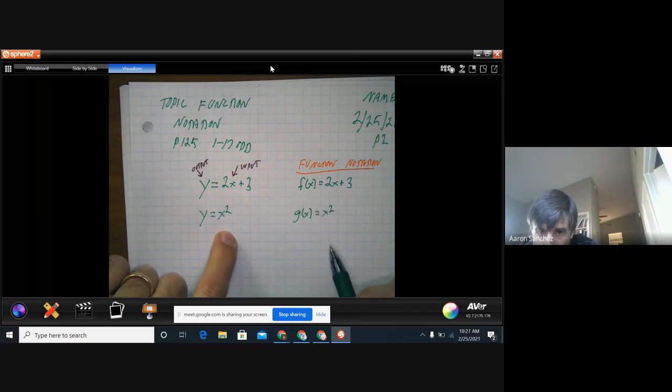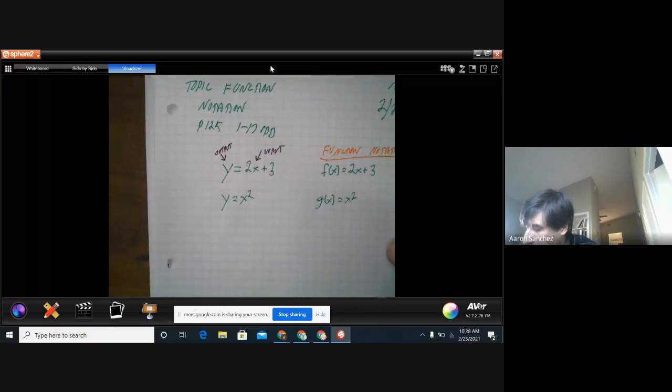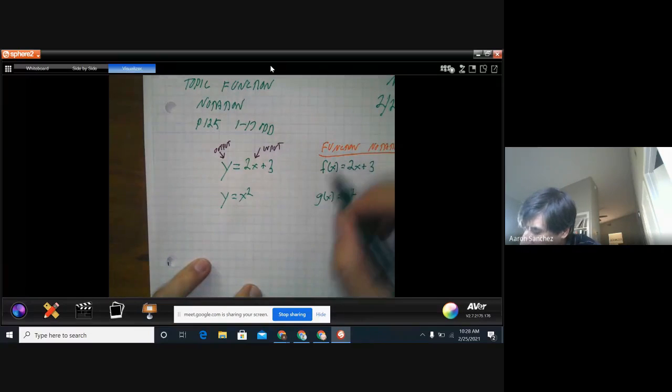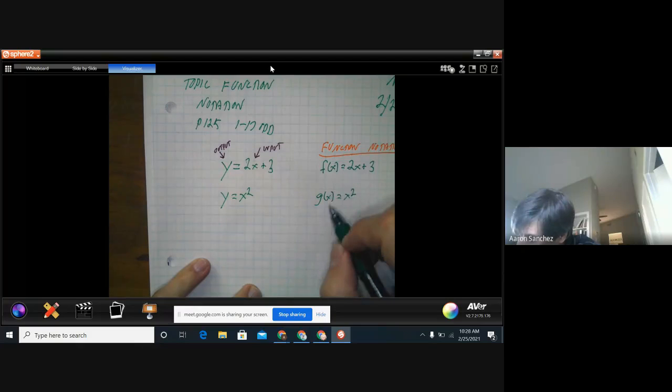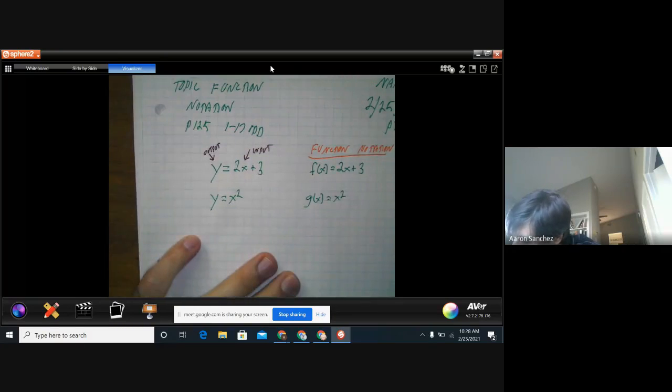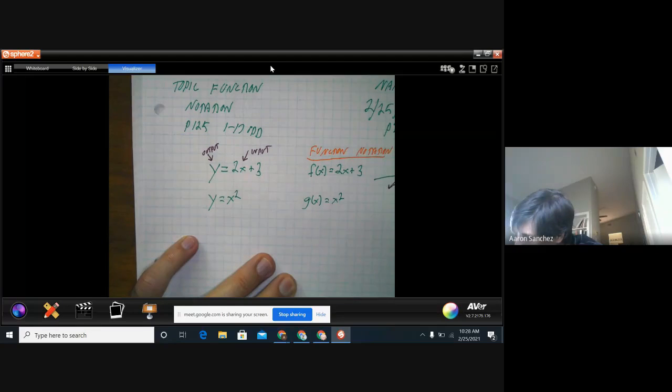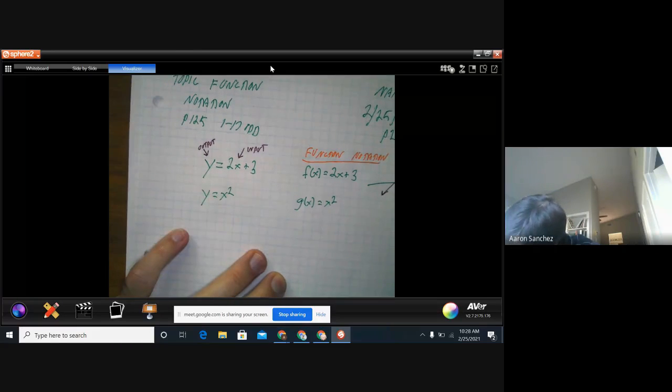Now, why do we do function notation? Well, a couple things. First of all, we can label our graphs with these letters. So if I have f of x equals 2x plus 3, and it looks like this, I can draw a line and write f of x right next to the line.